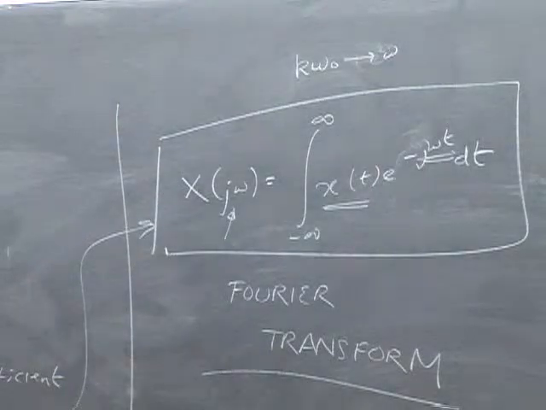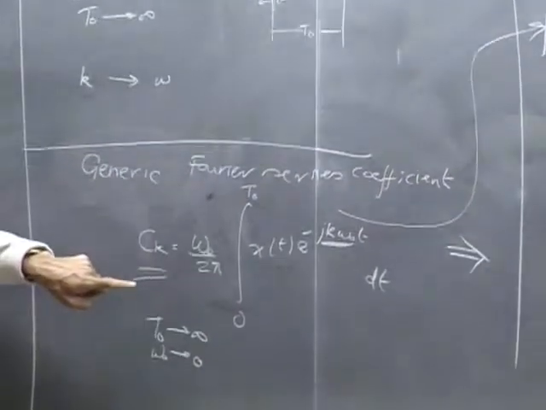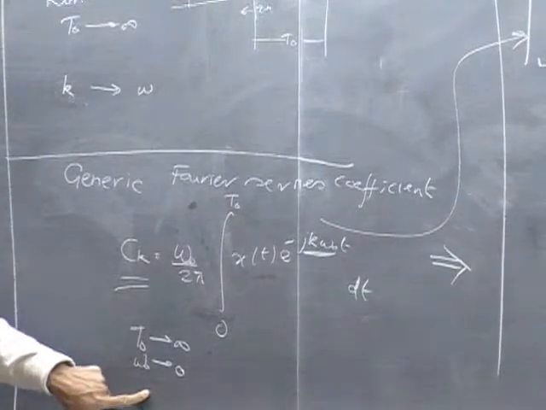For the bounds of the integral, we know that x(t) in the periodic case is from 0 to T naught. Yes. So in the Fourier transform, it goes from minus infinity to infinity. Right. Did we get rid of the omega naught over 2 pi? Well, the reason we got rid of that is because we're saying that omega naught is tending to 0 as T naught tends to infinity.